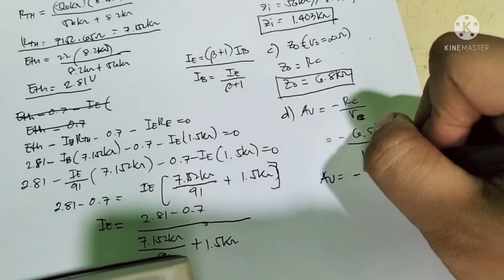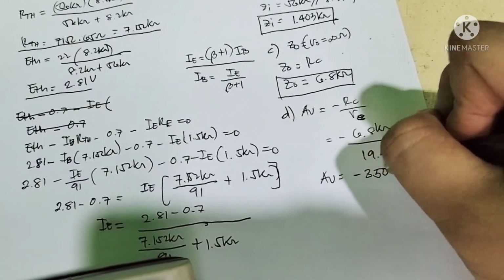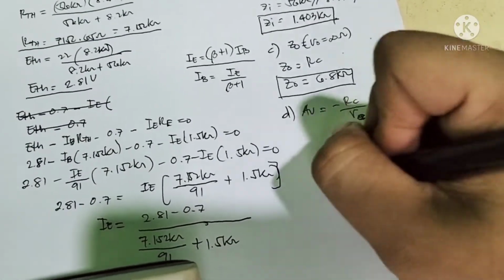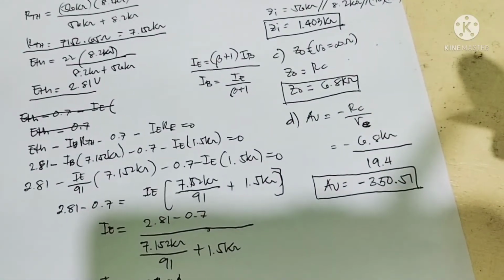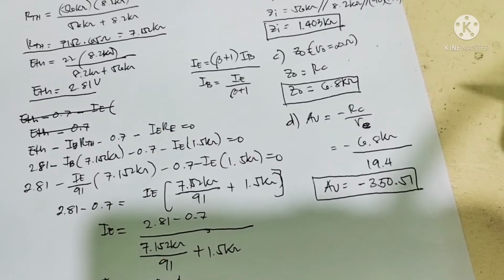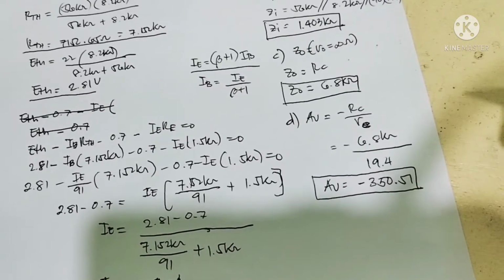This is negative 350.51. So you have a voltage gain of negative 350.51 in a voltage divider.